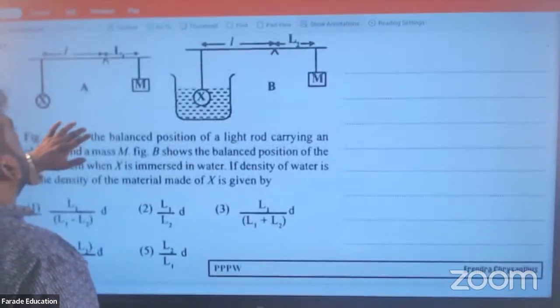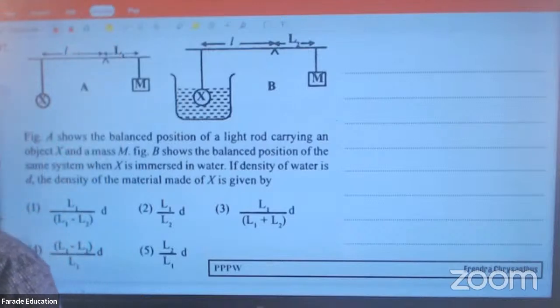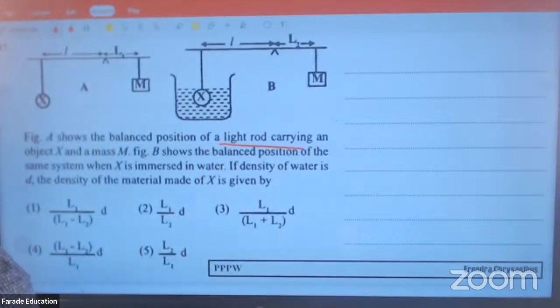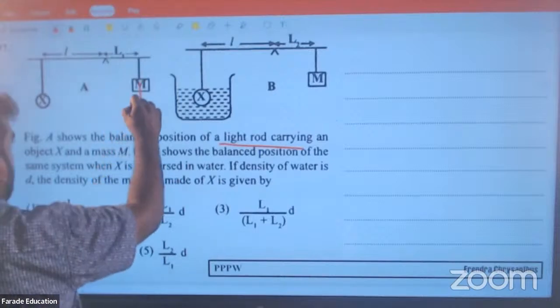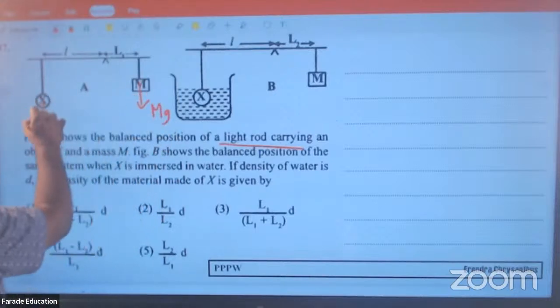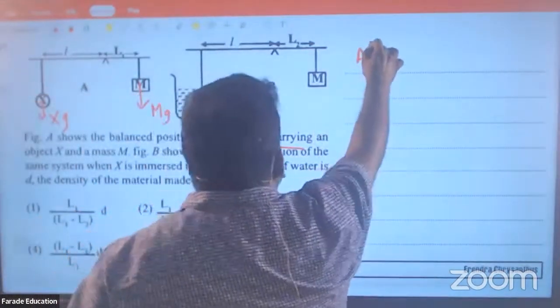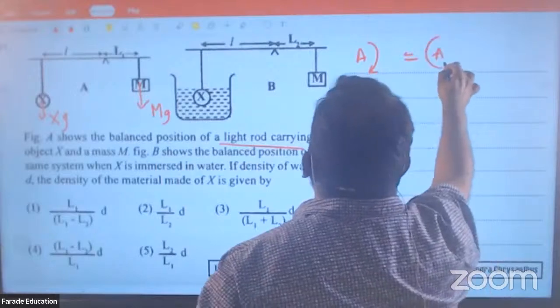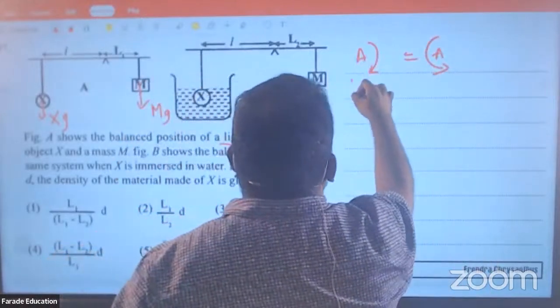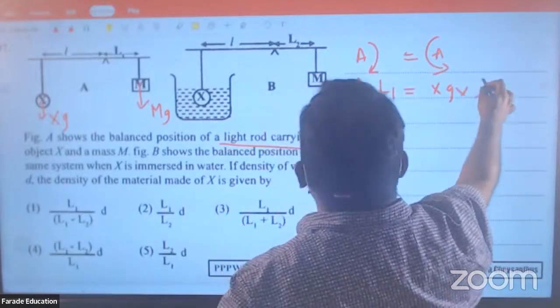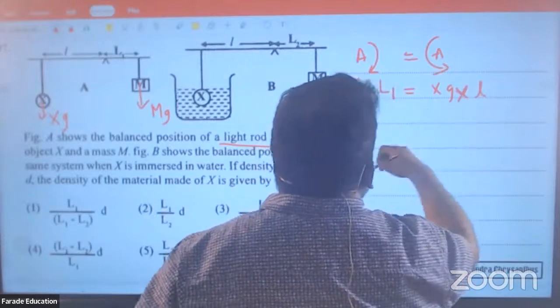Question number 7. Figure A shows the balanced position of a light rod carrying an object X of mass M. So here is Mg, here is Xg. Take moments about A. Clockwise moments about A equal anti-clockwise moments about A. Clockwise moments about A is capital Mg times L1, and Xg times simple L. Simplify the relationship.